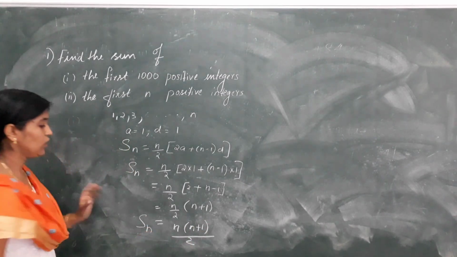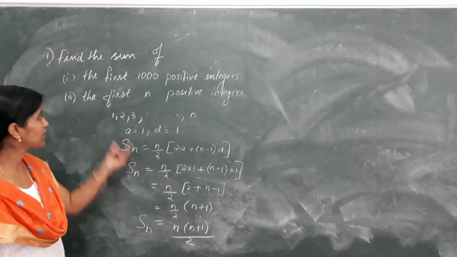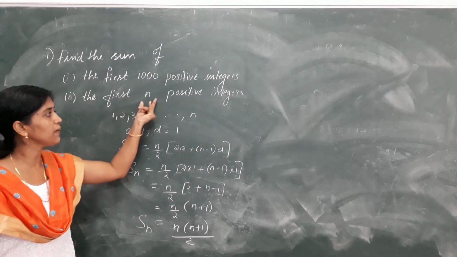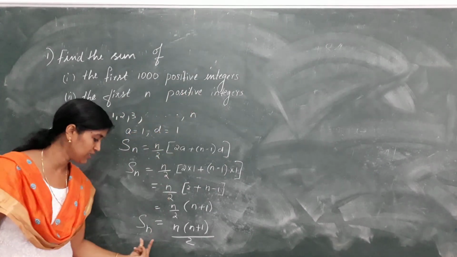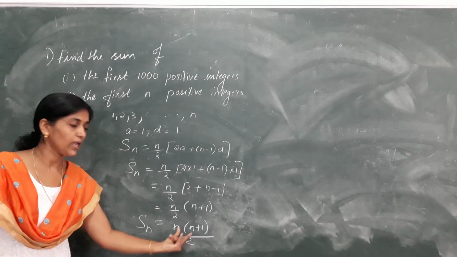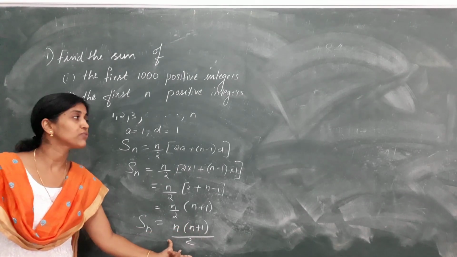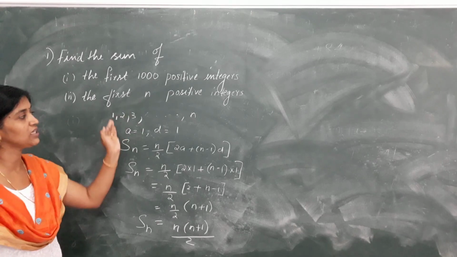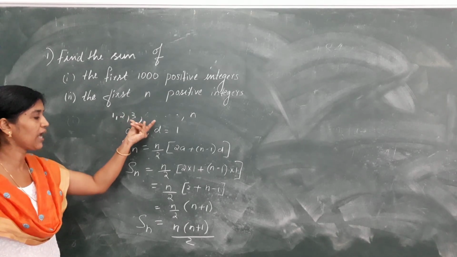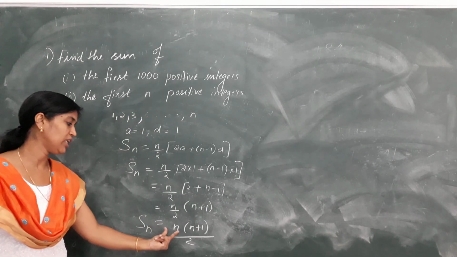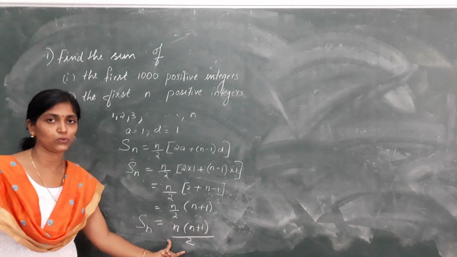So we have the formula: the sum of the first n positive integers is equal to n into n plus 1 by 2. If you are asked to find the sum of positive integers, you can use the formula directly as n into n plus 1 by 2.